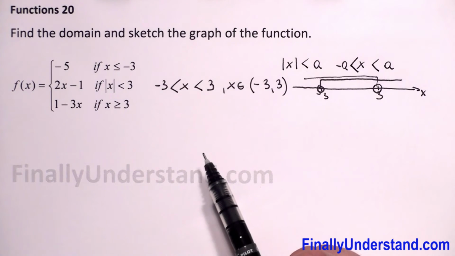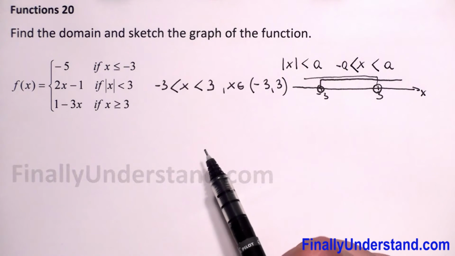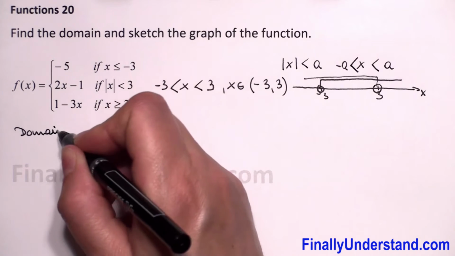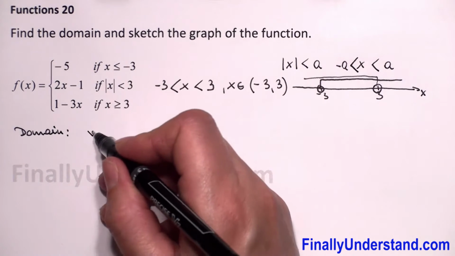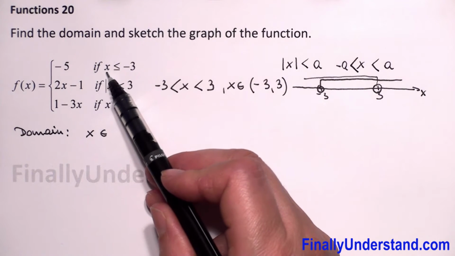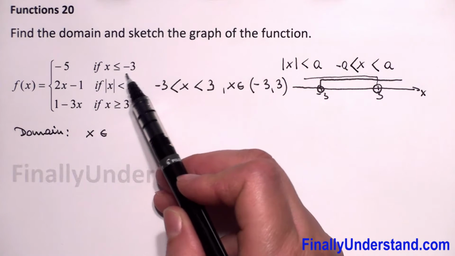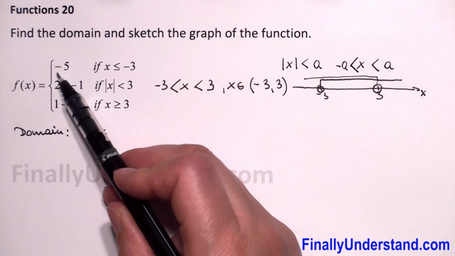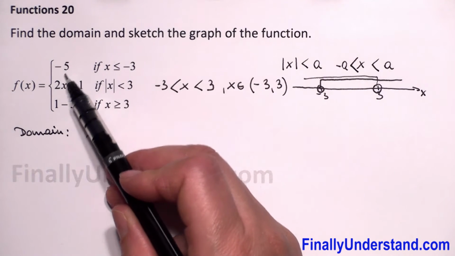So before we go to graph our function, we have to write the domain. For x less than or equals -3, we have constant function equals -5.